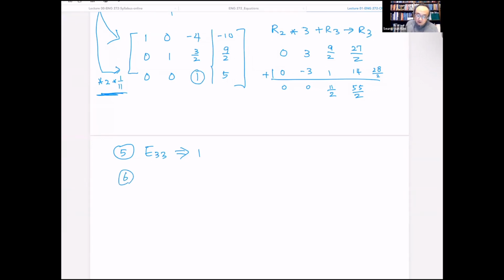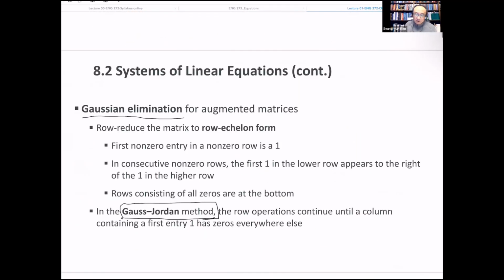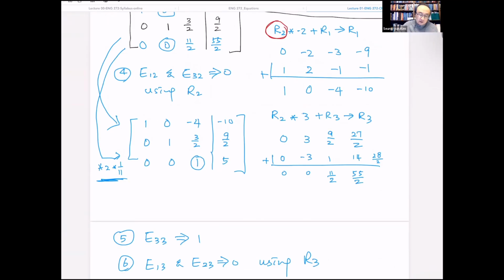Now step number 6, E13 and element 23 equal to 0. Again, using row 3. Before we actually do step number 6, with the Gaussian elimination method, we're going to have a row echelon form. When they say row echelon form, in the diagonal we have 1, 1, 1, and below they're all 0, and above some numbers.